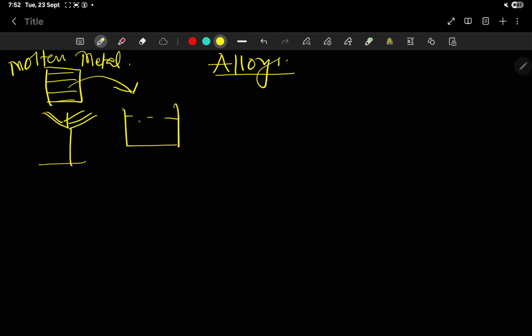Then what is going to happen? When this molten metal comes in, it will slowly cool down, right? It will slowly cool down. So what will happen? Crystallization will happen.